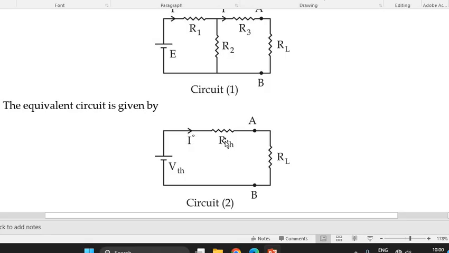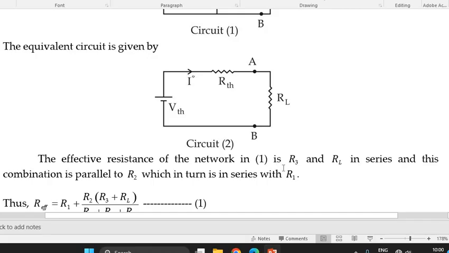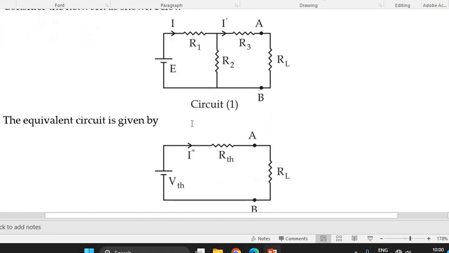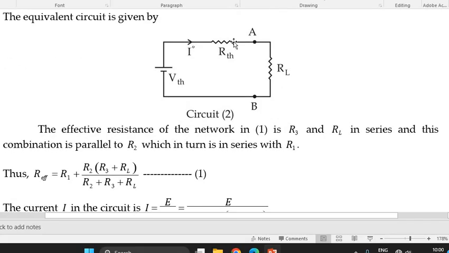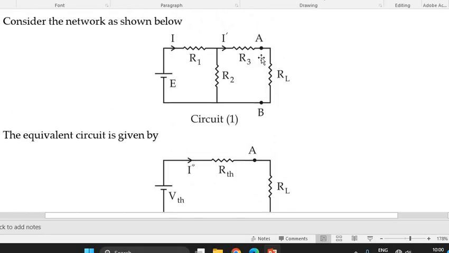That is, R Thevenin is connected in series with the V Thevenin and RL is connected across the voltage source. The effective resistance of the network in one is R3 and RL in series, and the combination is parallel to R2, which in turn is in series with R1. This effective resistance is represented as R1 plus R2 parallel with R3 plus RL.